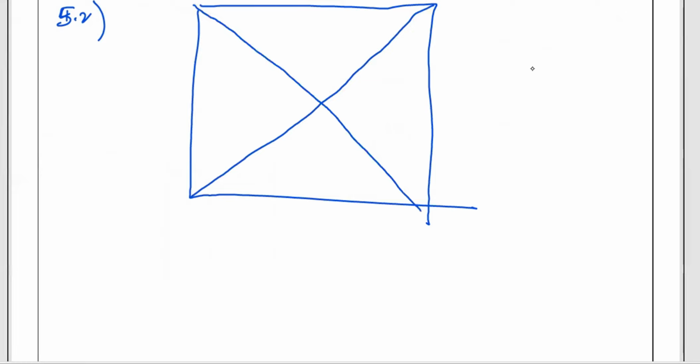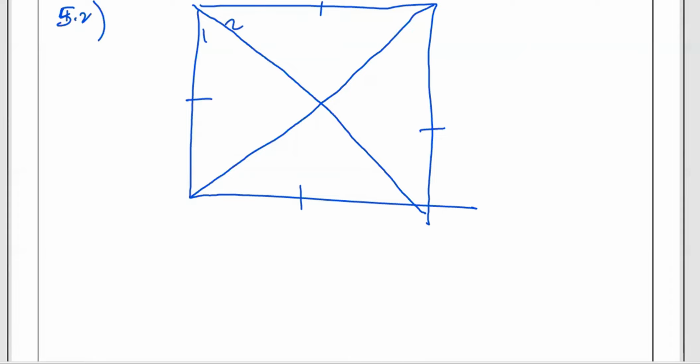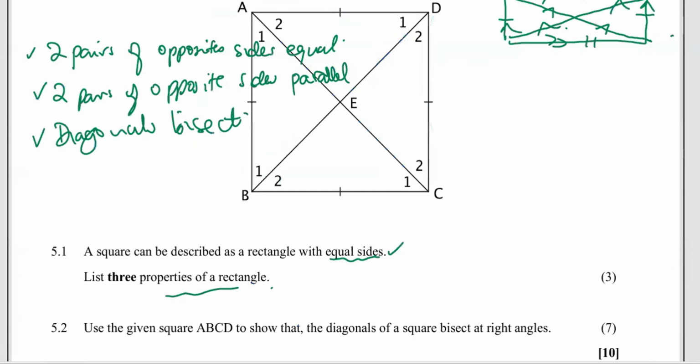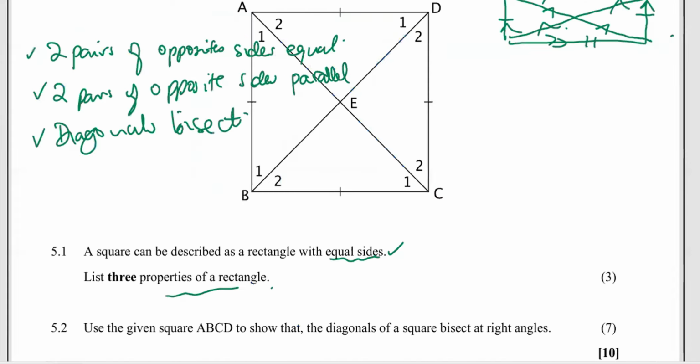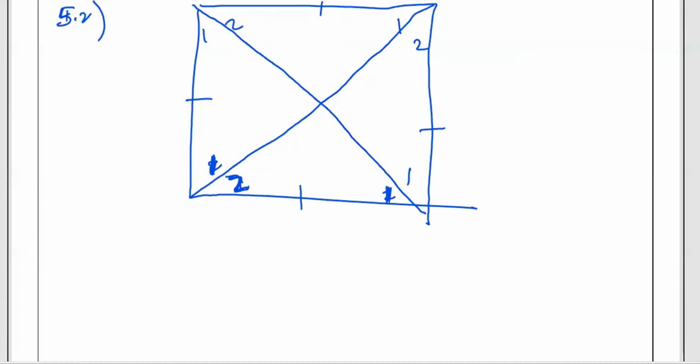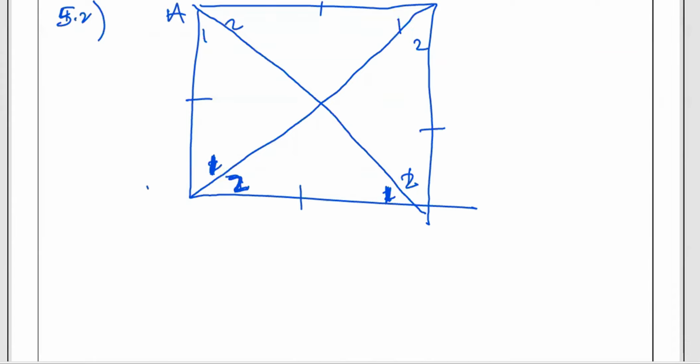They labeled it as A, B, C, D, with angles 1 and 2. This is a 1, this is a 2. And then this is a 1, that is a 2. Okay, so it's A, B, C, D. Okay, so how do we prove that this is a 90?